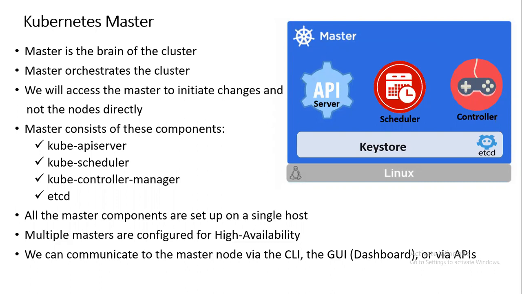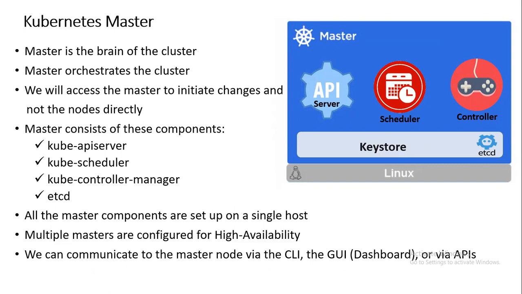So you will put it, and that will get stored into a location called etcd or key store. So the information of your desired state will be stored there from the API server. So the API server will receive from the user and store it into the key store.